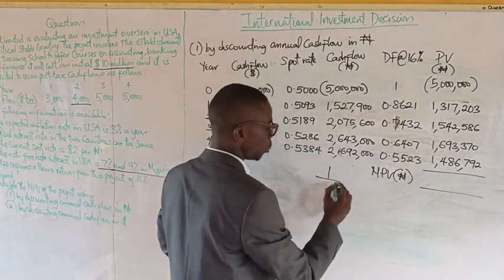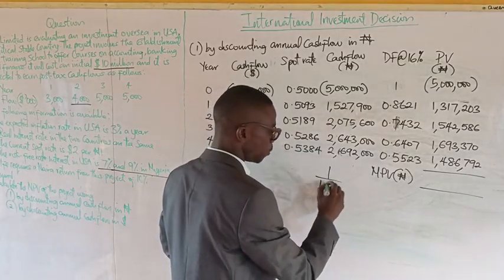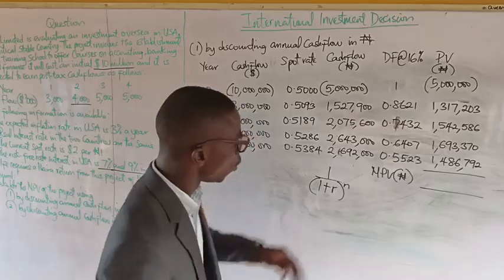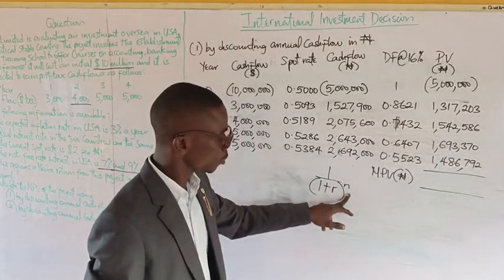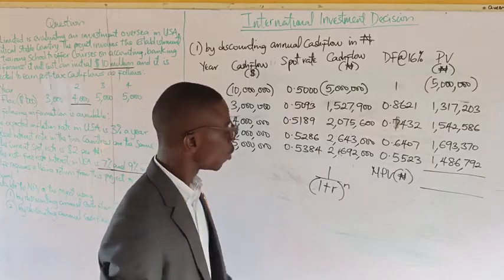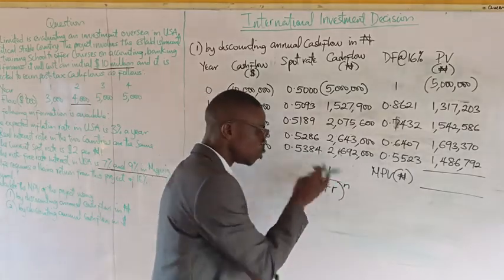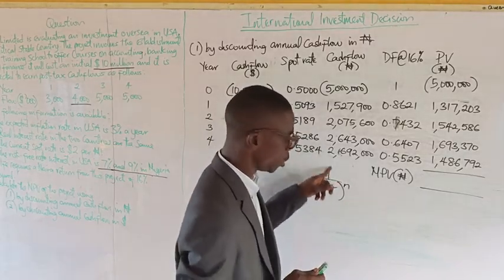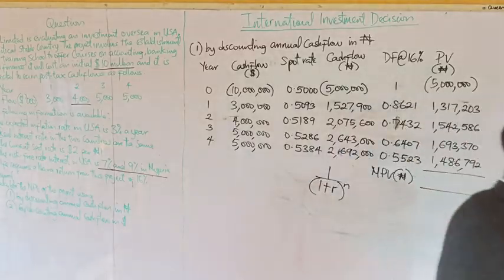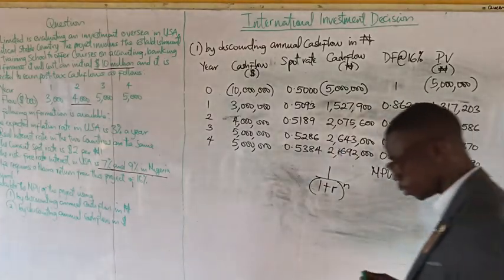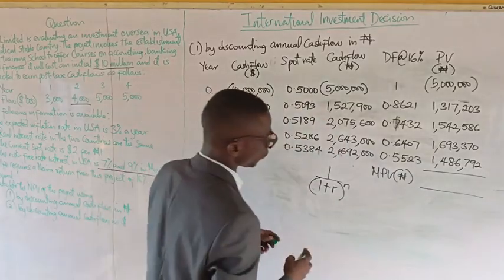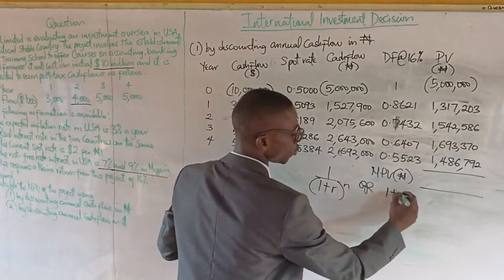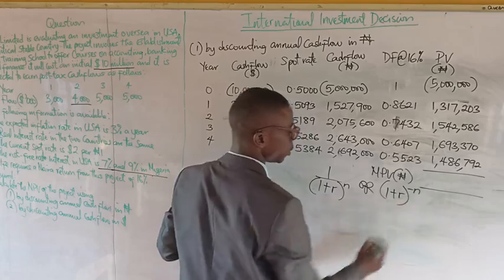This is 1 over 1 plus r raised to power n. Or you can do it as 1 plus r raised to power minus n. It's still the same thing.